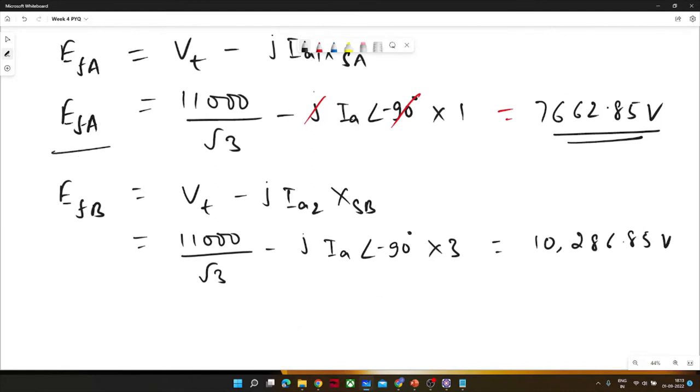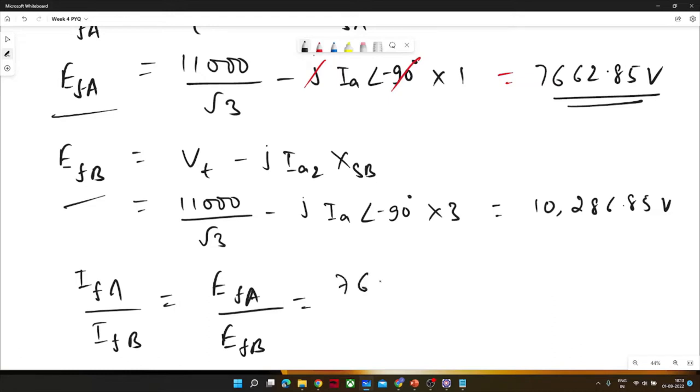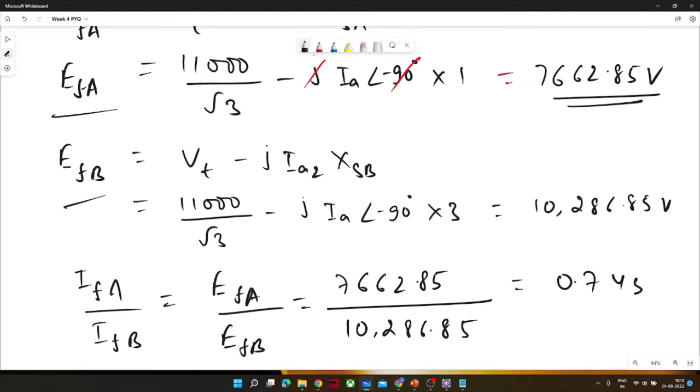We calculated EFA and EFB, and our job is almost done. Now we take the ratio of the two values, EFA by EFB, which is 7662.85 divided by 10,286.85, and that comes out to be 0.745.